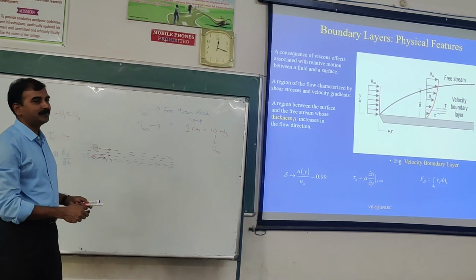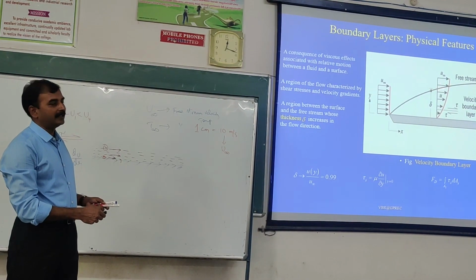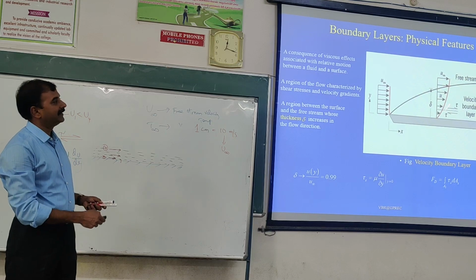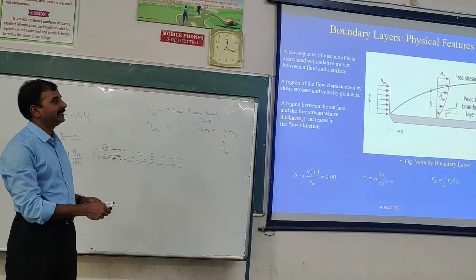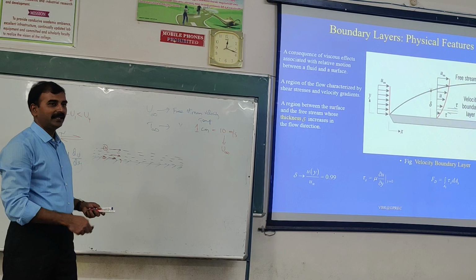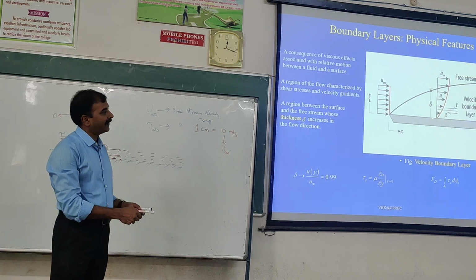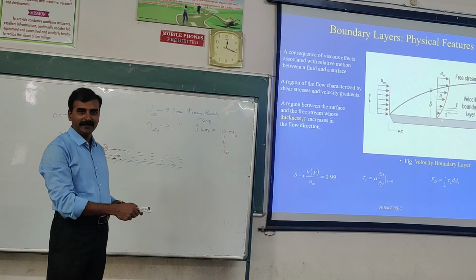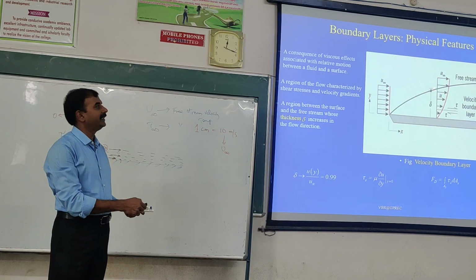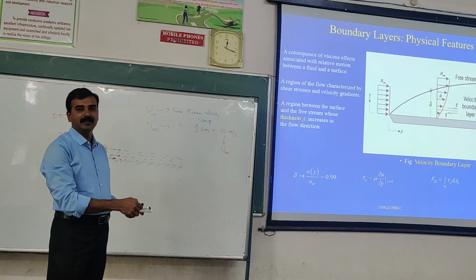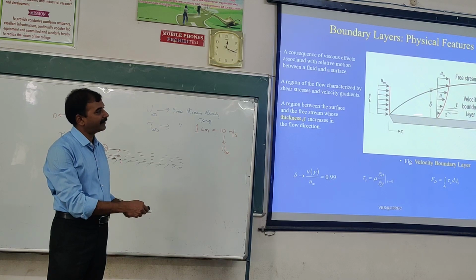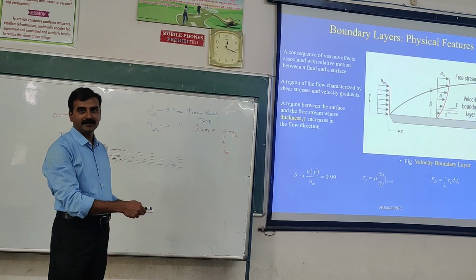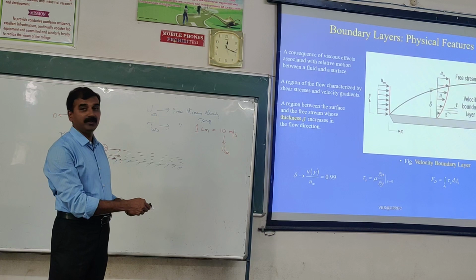So now the point beyond which the velocity is u infinity means that the effect of this viscosity, or whatever the conditions that prevail over the plate, is nullified. Beyond this point, there is no effect of this surface, right? So it is penetrated up to this point.